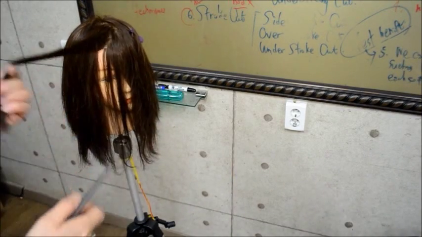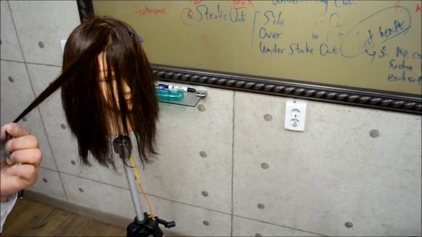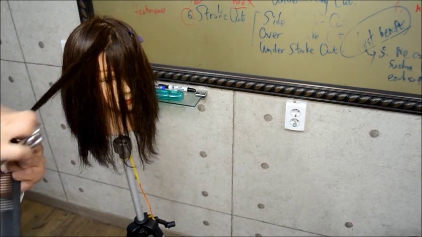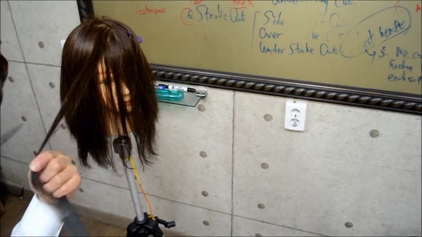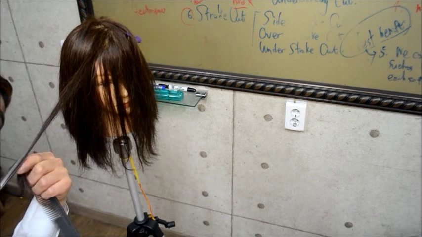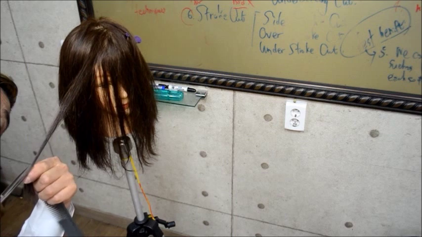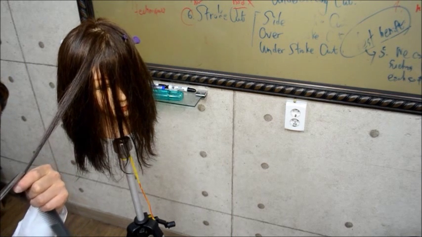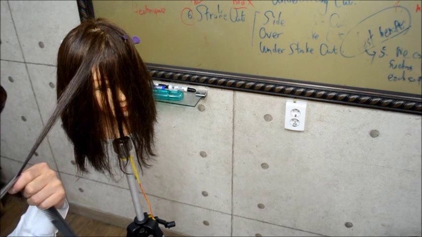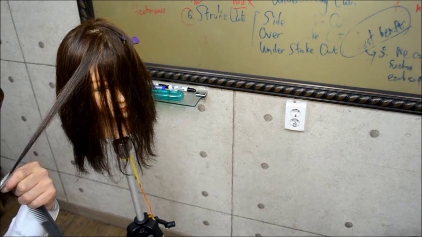Okay, 5 tips on overstroke. Overstroke like this, turn the ears like this, and put the open blade point here, and slide and gradually close.